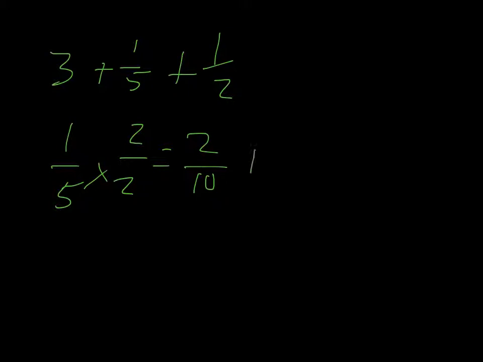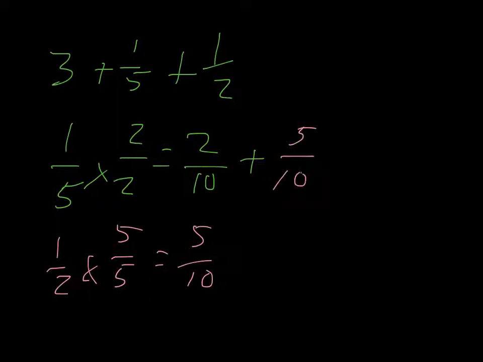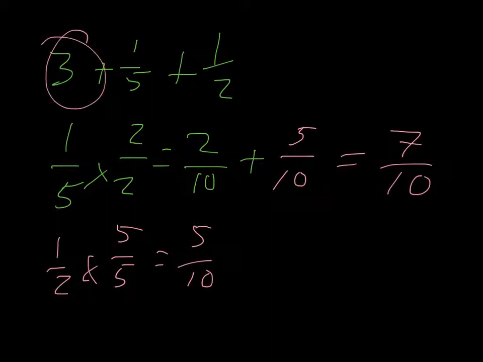So I have 2/10 plus 1/2. 2 times 5 is 10, so I need 5/5. 5/10. So 2/10 plus 5/10 equals 7/10. Don't forget your 3 from before. So it will be 3 plus 7/10, which is 3 7/10.